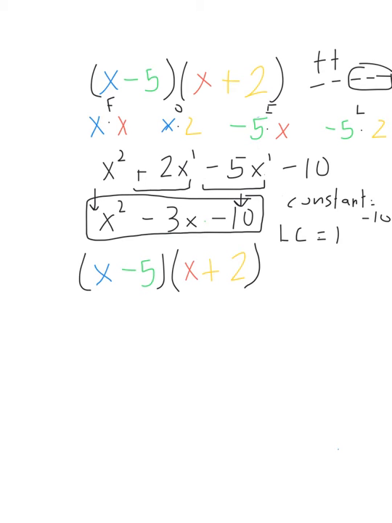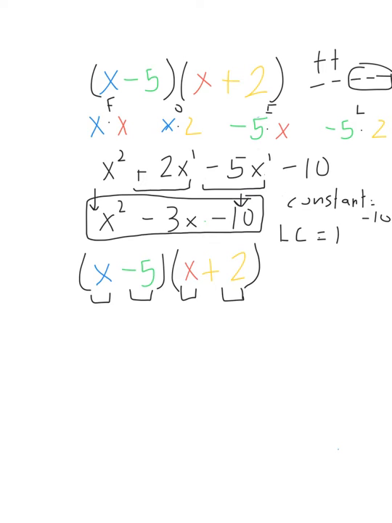The second way that you have to know is the box method. So for this one, we create the amount of squares as there are terms. So for this one, we have 1, 2, 3, 4 terms.